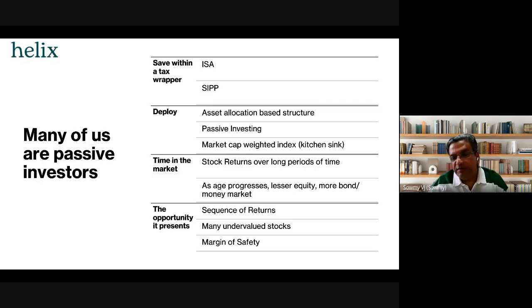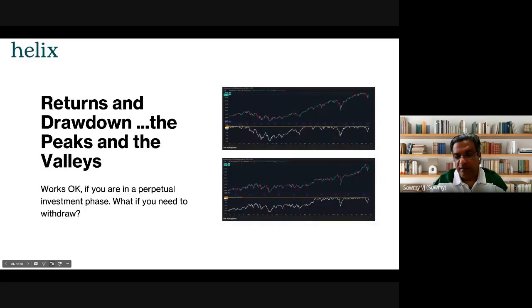You draw a line in the sand and say, okay, I take things that are within this particular threshold. How much is that threshold? We will figure that out based on our analysis of the peers and how this works for that particular sector, etc. Now here's a graph that shows you the returns and drawdowns for the major indices.